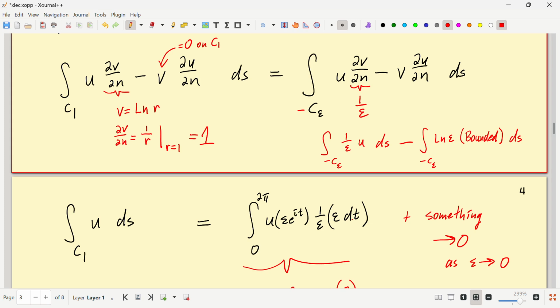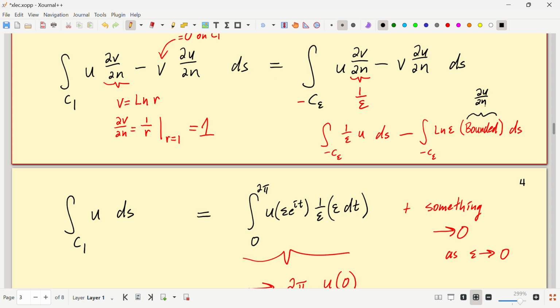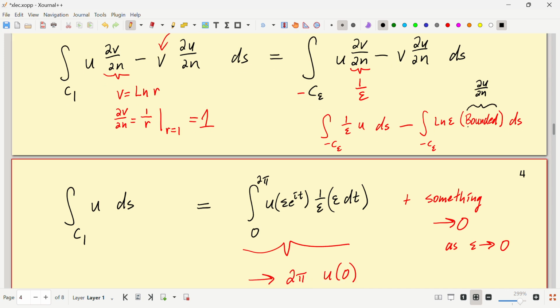And that would be a bounded thing. All those directional derivatives would be bounded as you go around that little circle. Remember, when you take directional derivatives, you're differentiating in a unit normal direction. So whatever those are, they're bounded. Let's say it's bounded and less than M.